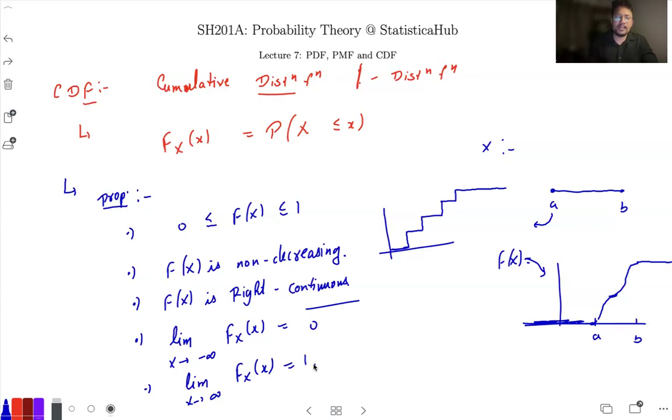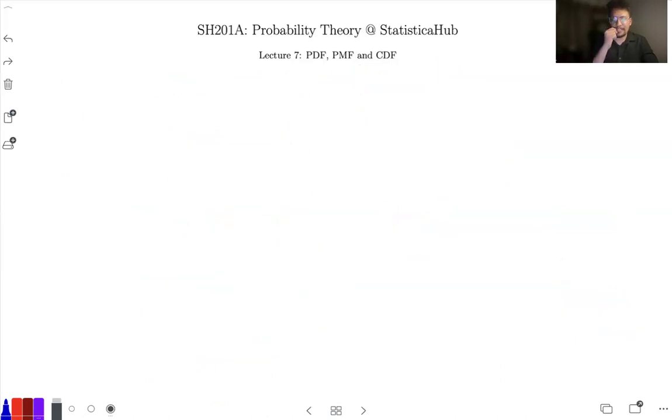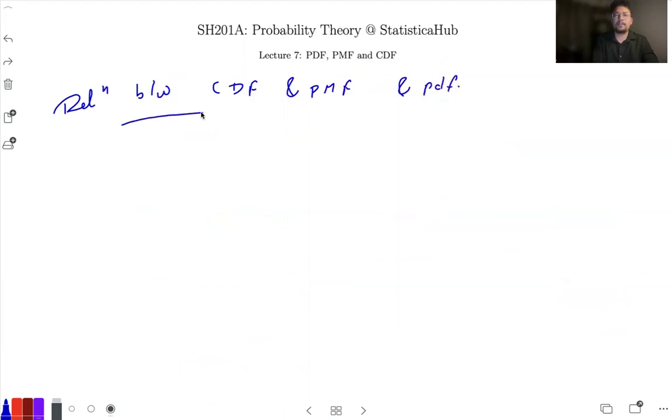Okay, moving ahead, we have certain rules, or certain kinds of relations. So we have the relation between the CDF and the PMF and PDF. Okay, so this is again a very simple topic. If I go for a relation between the CDF and the PMF, we already covered that part.